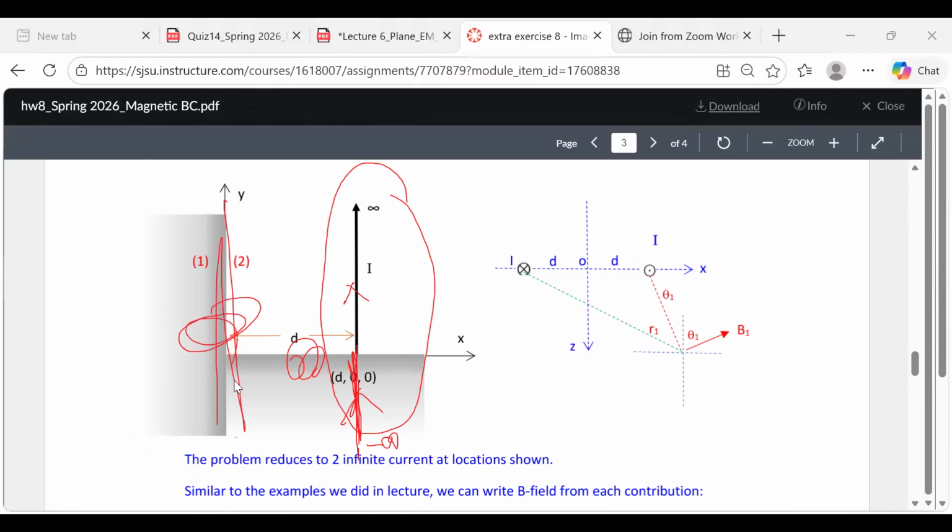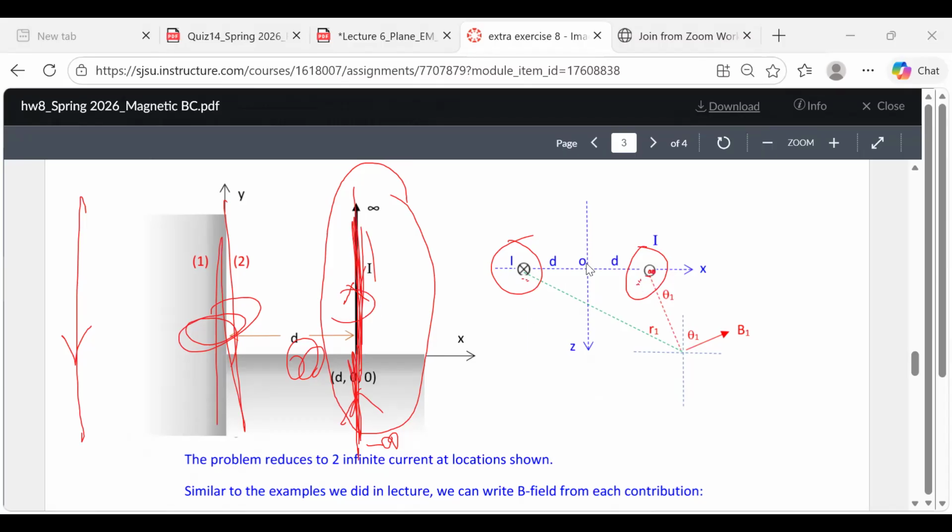Now I want to remove this ground plane, this infinite wire, create an image infinite wire on the other side. So now I'm really looking at two currents. If I rotate the drawing, this one's going up and down, this one is going in and out of the page from minus infinity to infinity and so on.